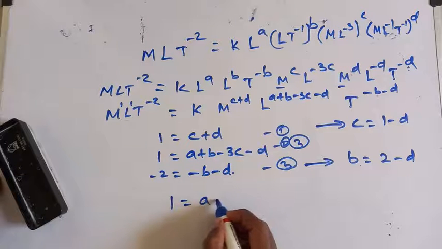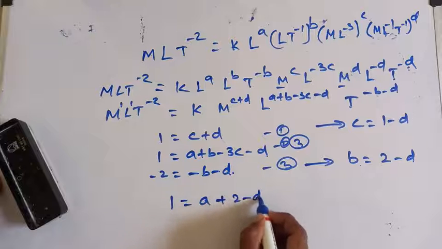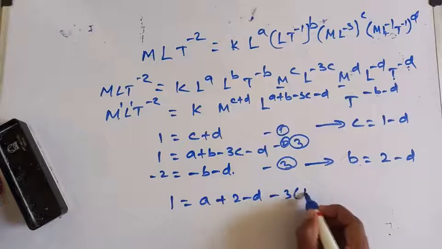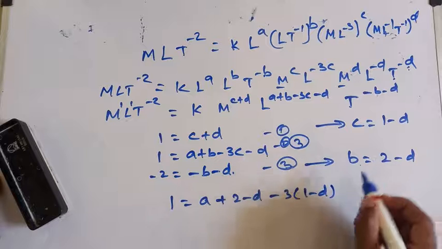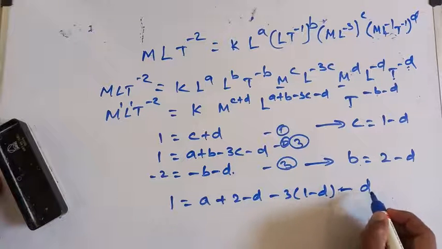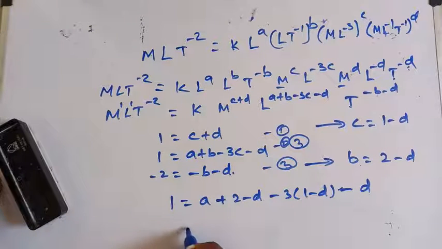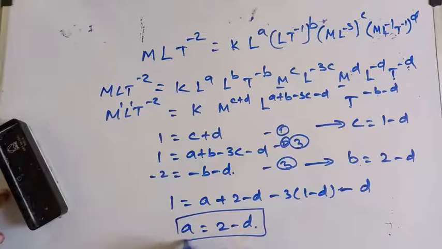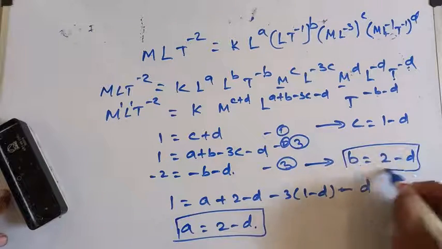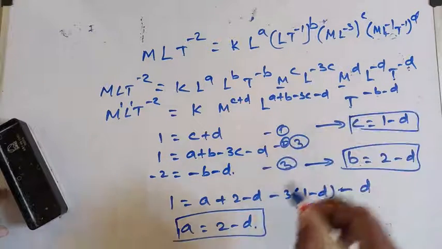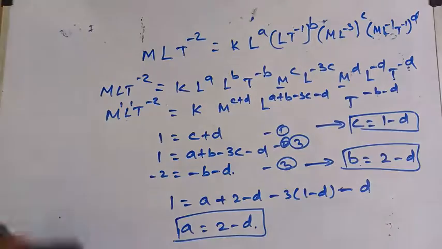Instead of b, I am substituting in terms of d, plus 2 minus d minus 3 times 1 minus d, the c value, then minus d. If I solve, I will get a is equal to 2 minus d. So I am writing a, b, c in terms of d, and I am going to resubstitute in the first equation.